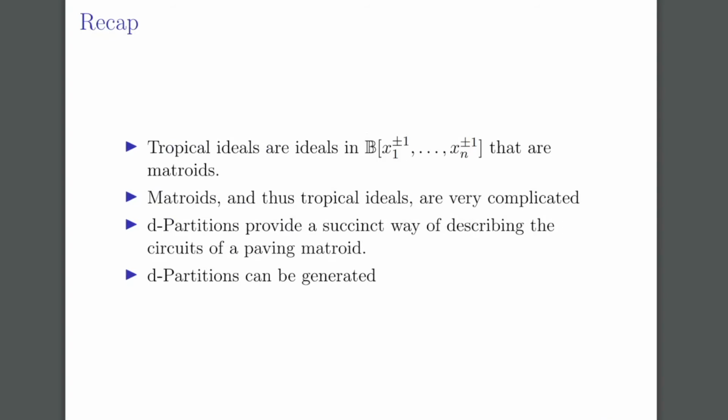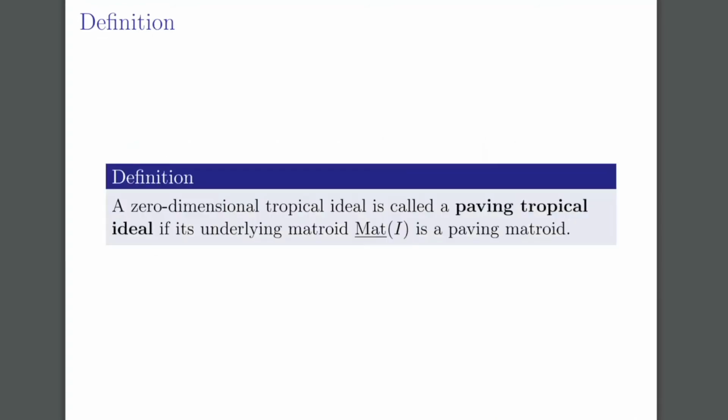However, d-partitions provide a way of describing the circuits of a paving matroid, and d-partitions can be generated. So we're hoping to use these last 2 points to be able to find a nice way of working with tropical ideals. So here's the titular definition.